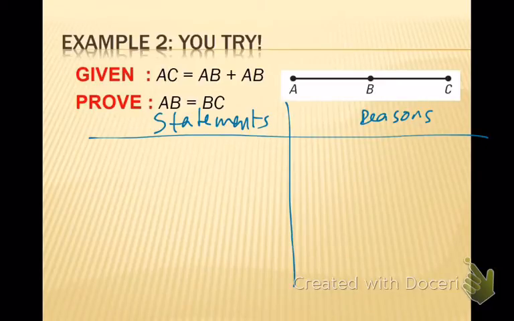Again, you got to start somewhere, and we might as well start with the given information. So AC is equal to AB plus AB. And that's given. Okay.